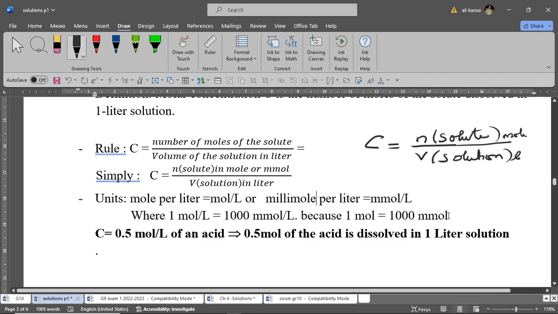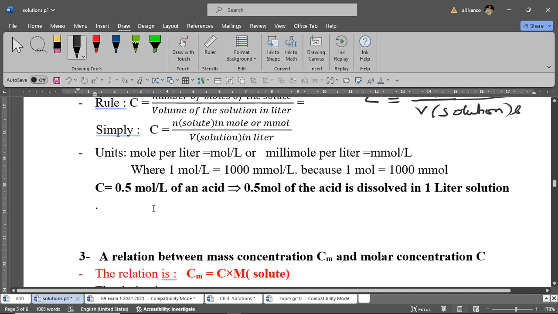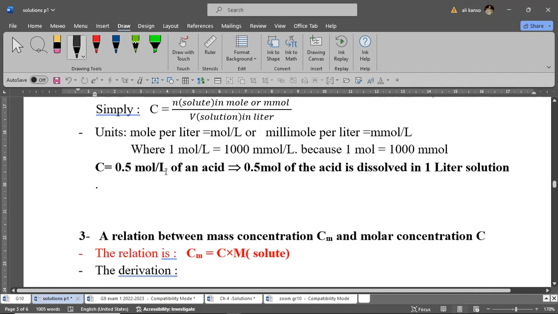Like any unit, 1 unit is equal to 10 to the power 3 milliunit: ampere, milliampere, 1000; liter, milliliter, 1000; gram, milligram, 1000. Clear? Here we have 0.5 mole per liter of an acid, meaning 0.5 mole of the acid is dissolved in 1 liter of solution.